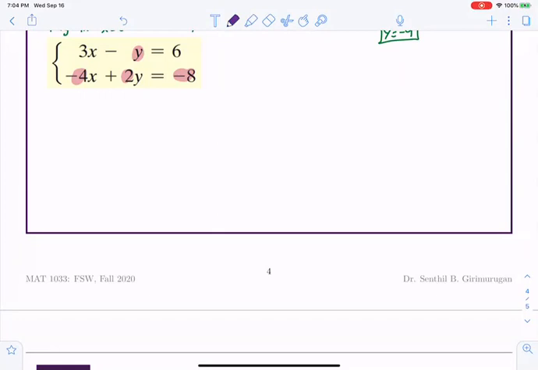So I'm going to rewrite the first equation. Minus y would equal 6 minus 3x. Multiplied by negative 1 on both sides, we have y equals 3x minus 6. And that would be our substitution. So we take y equals 3x minus 6 and plug it in the second equation.